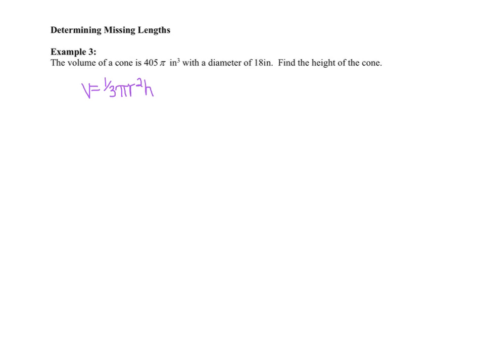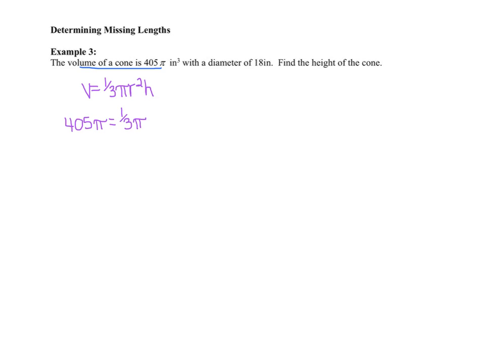And what's given in this problem? Well, the first thing given is the volume of a cone is 405 pi. So let's replace our V with 405 pi, equals 1/3 pi, that's our constant. All right, and now our radius squared and our height.